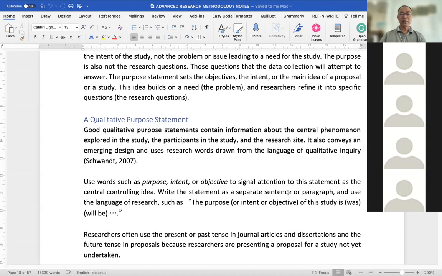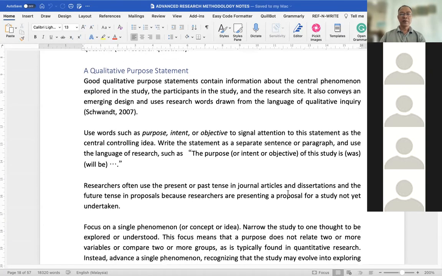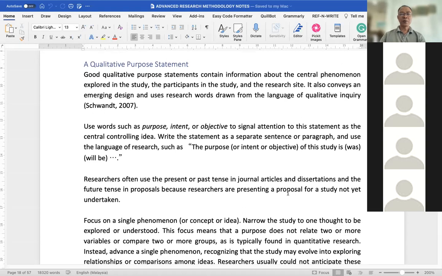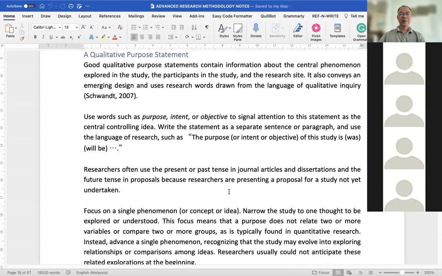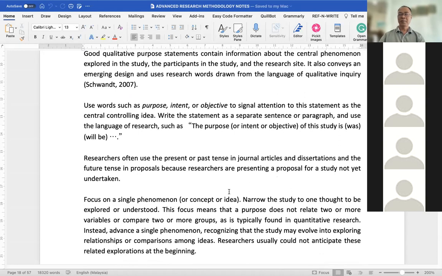So in qualitative research, sometimes the researcher uses words like the purpose or intent or objective of this study is blah, blah, blah, right? That is the general purpose of the qualitative research.